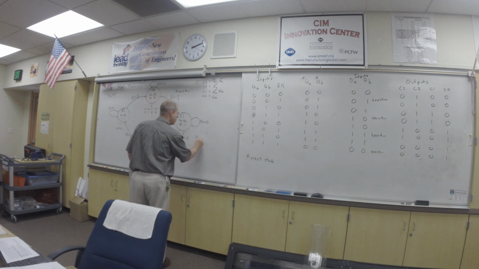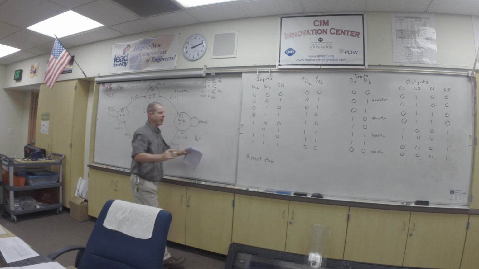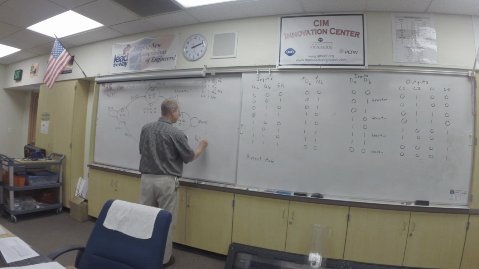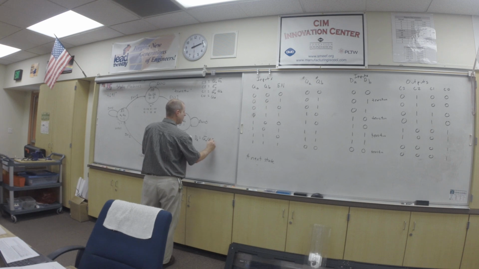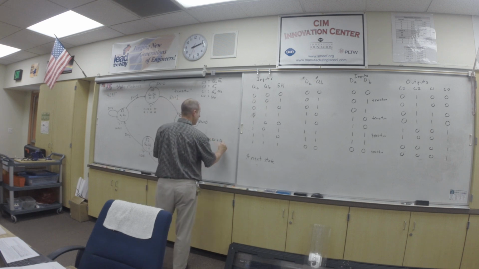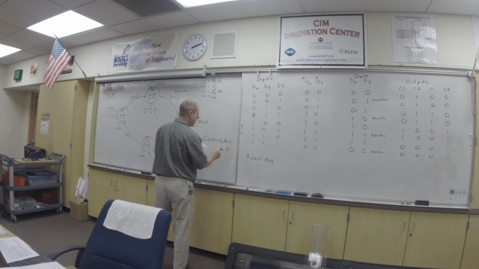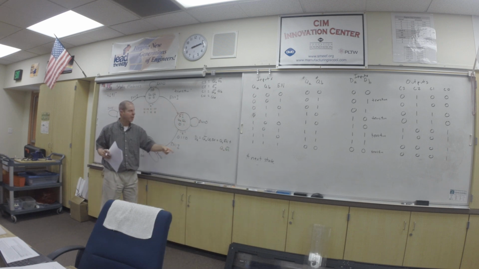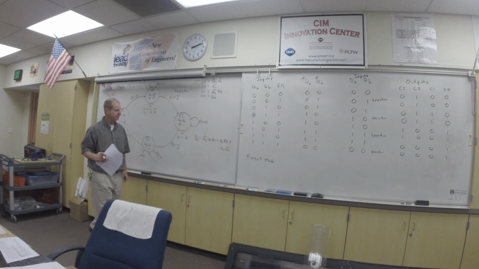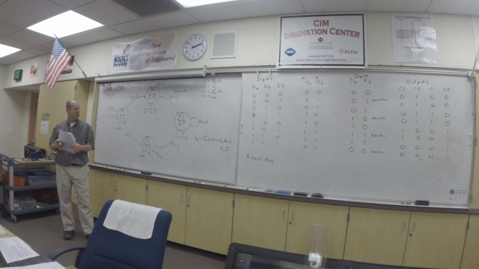DA is going to be equal to this. DA is equal to QA not, QB, enable, or QA, enable not, or QA, QB not. Or you could call this A not B C, or A C not, or A B not, if you wanted to change those.